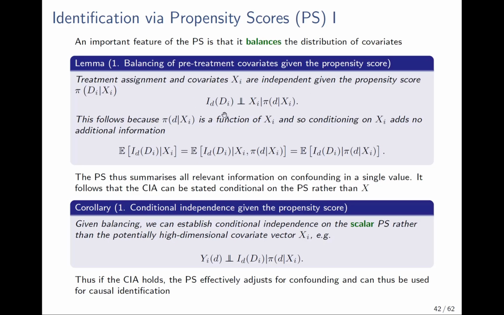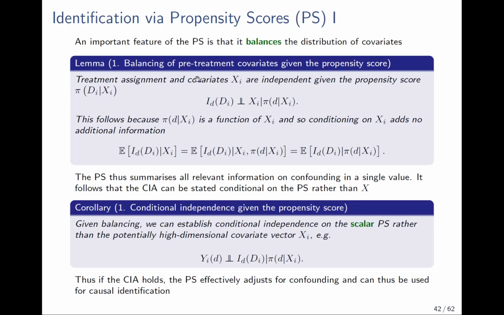Treatment assignment and covariates are independent if we condition on the propensity score. Essentially all this is saying is that the covariate vector xi and the scalar quantity pi are exchangeable in the sense that they contain the same information, and they can both be used for conditional independence.